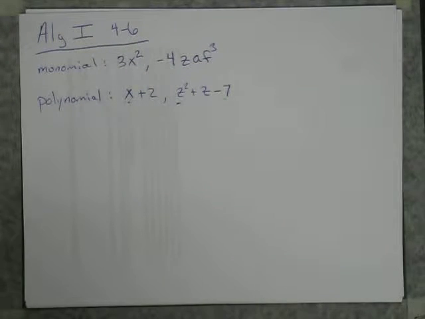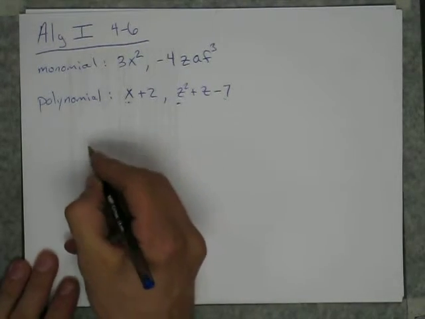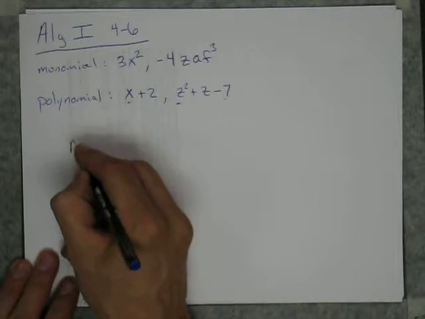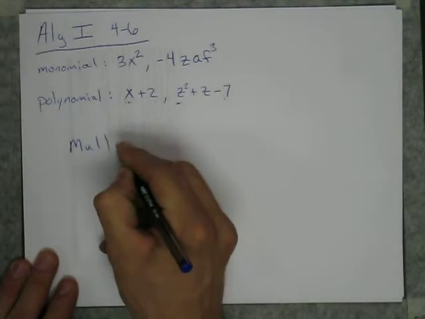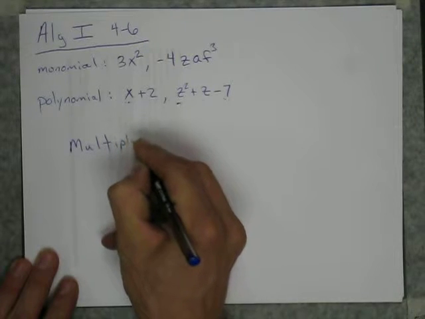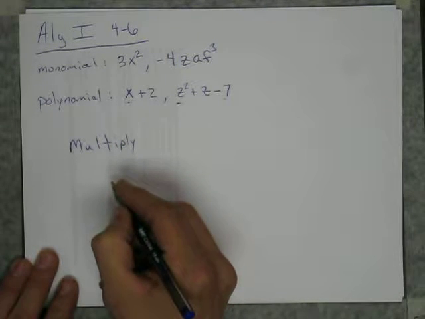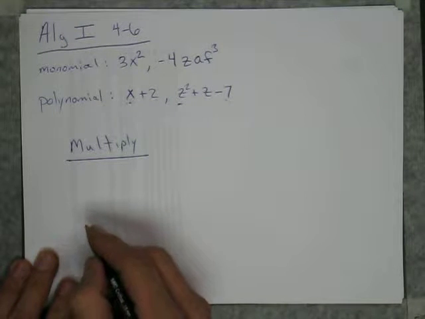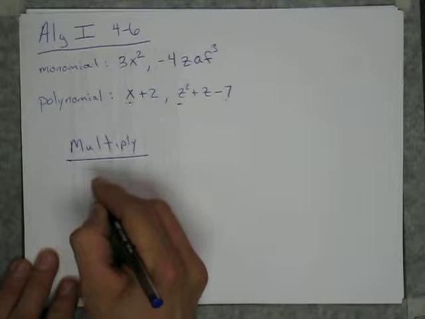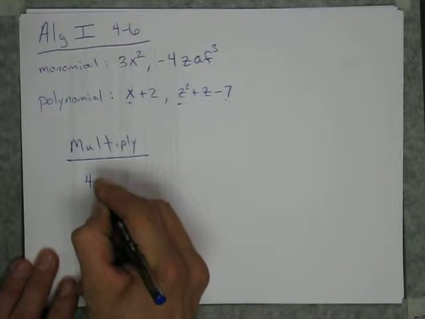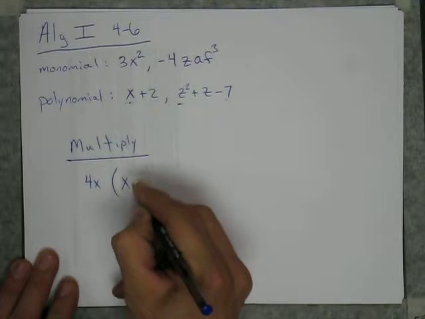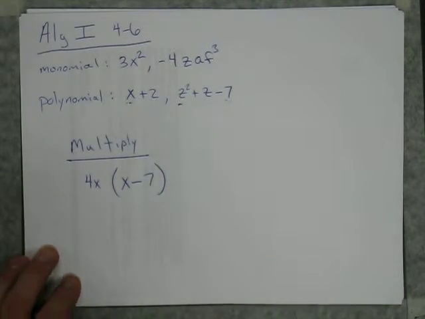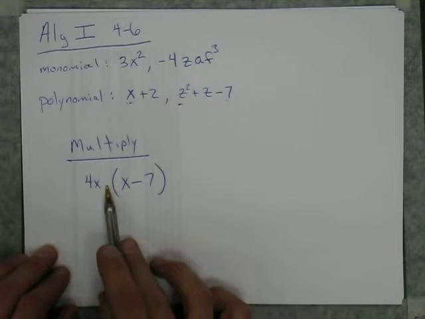Now, yesterday, hopefully you worked on the concept of multiplying, so let's do another example from ones that you did yesterday. Let's say you had a monomial 4x times x minus 7.